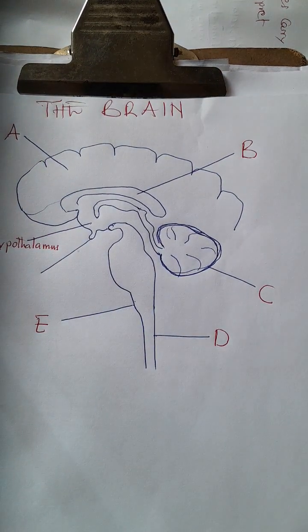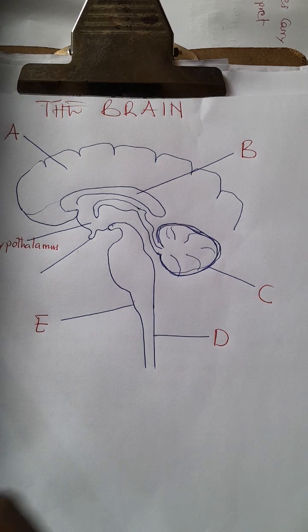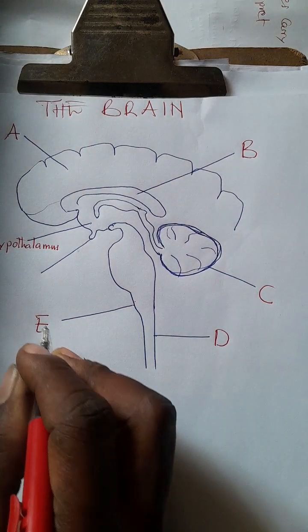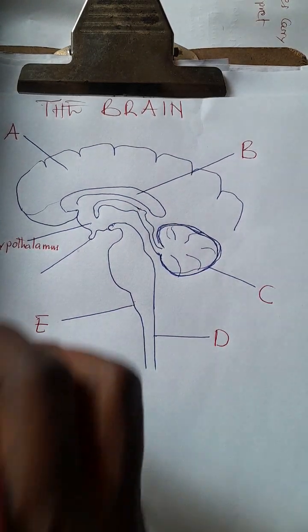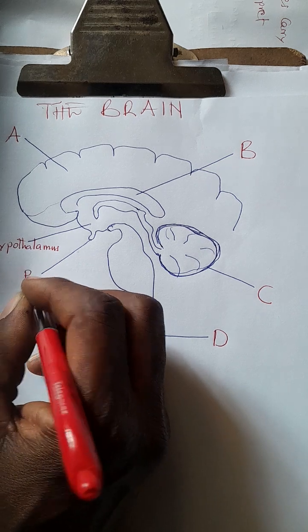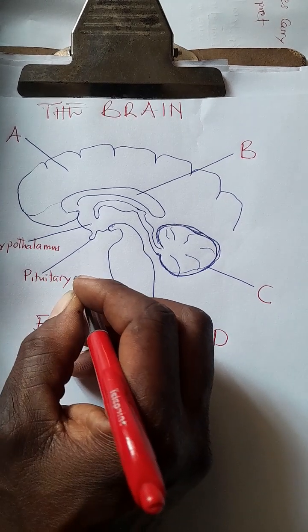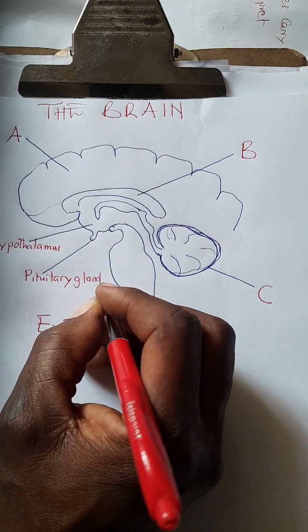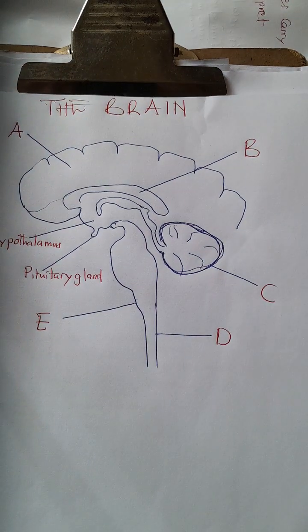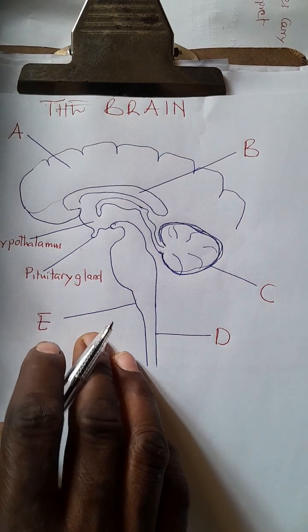Its function, we are going to talk about later. Well, this part here is the pituitary gland. Remember, when we were looking at reproduction, we did talk about the pituitary gland, also called the hypophysis. So these are also located in the brain.